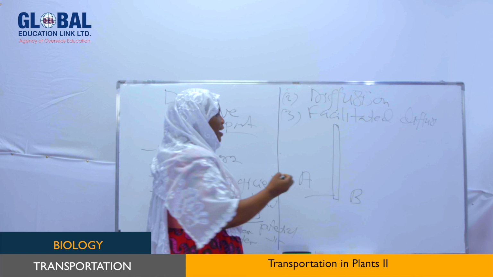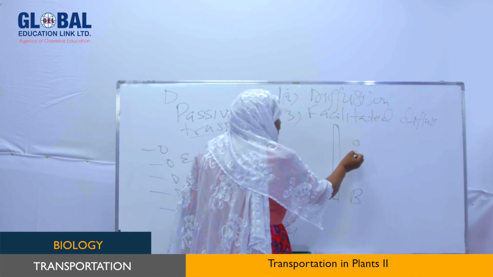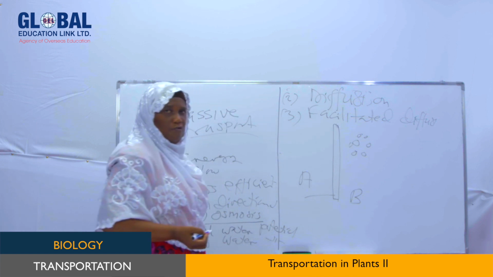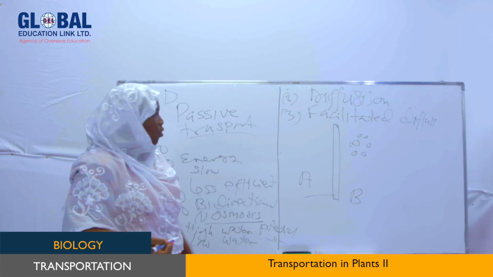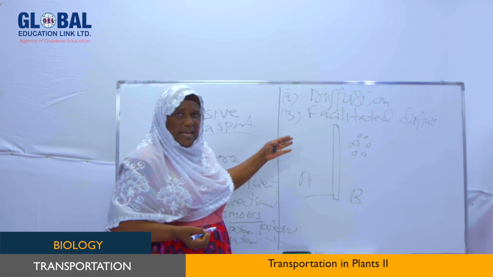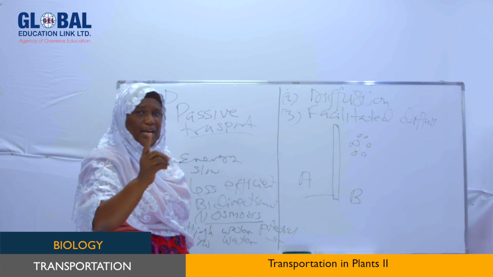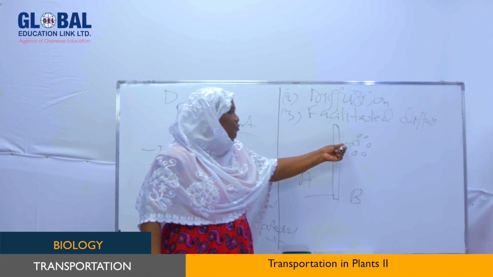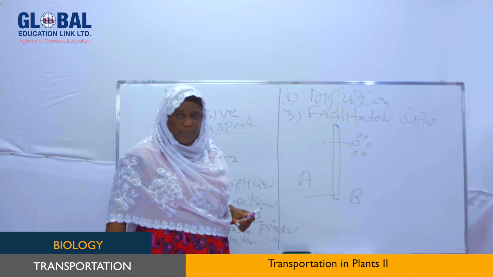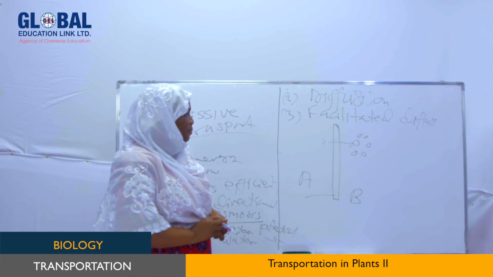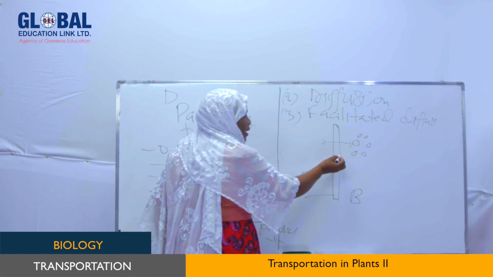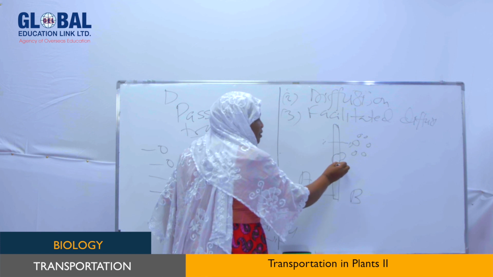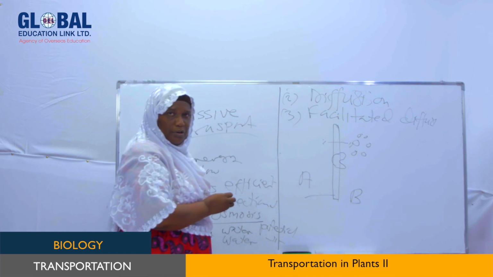And here, let's say there is a high concentration of ions compared to this side. But without carrier molecules, these molecules cannot diffuse to this side. So, the membrane here has a carrier molecule. Let's say this is a carrier molecule.